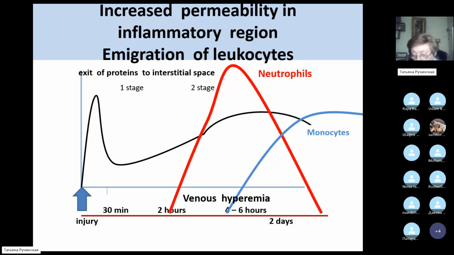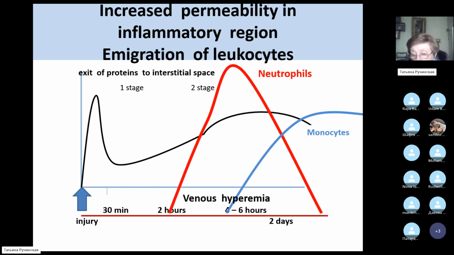The maximal number of neutrophils in the zone of inflammation is from 4 to 6 hours. But after 1 day and on the second day from the injury, the number of neutrophils begins to decrease, and up to 2 days the neutrophil number decreases to normal.